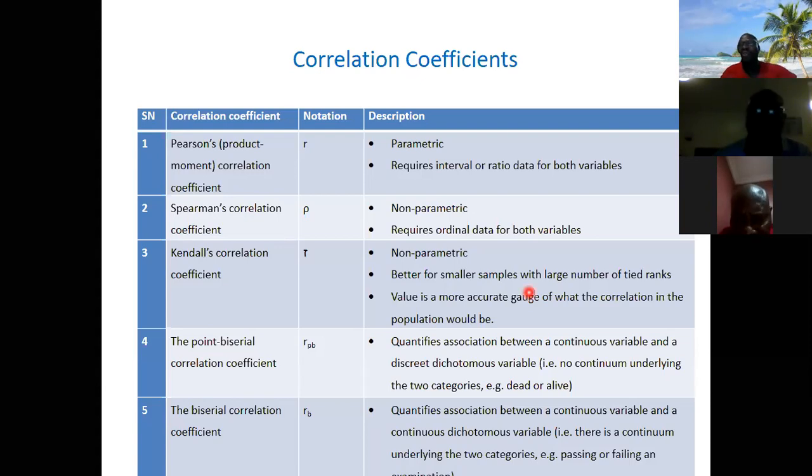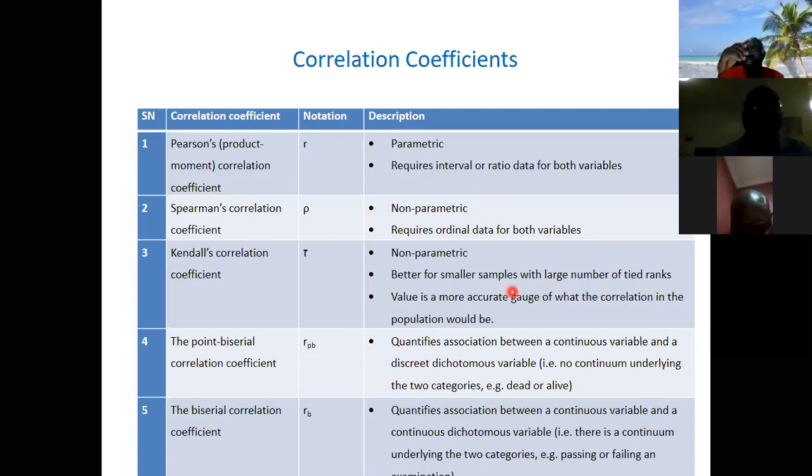Then we have something very interesting. The last two on this list are very, very interesting: point biserial correlation coefficient and biserial correlation. Point biserial is about correlation between one quantitative variable and another discrete dichotomous variable.